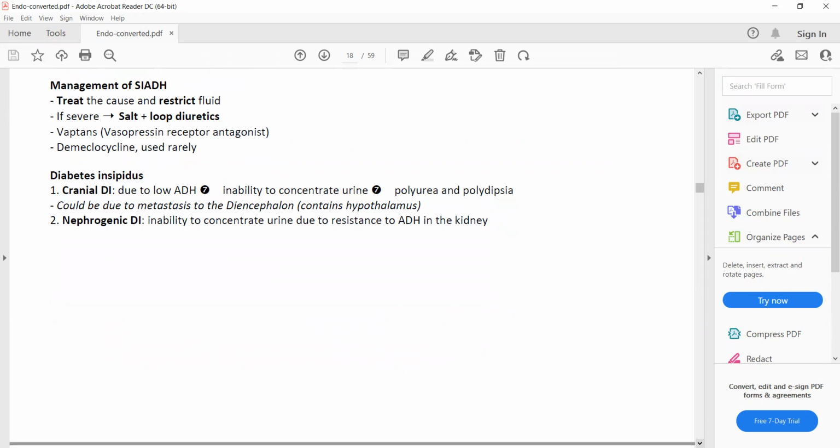So if someone presents to you with polyuria, or production of a large amount of diluted urine, and his plasma osmolality is high, then you will suspect diabetes insipidus.